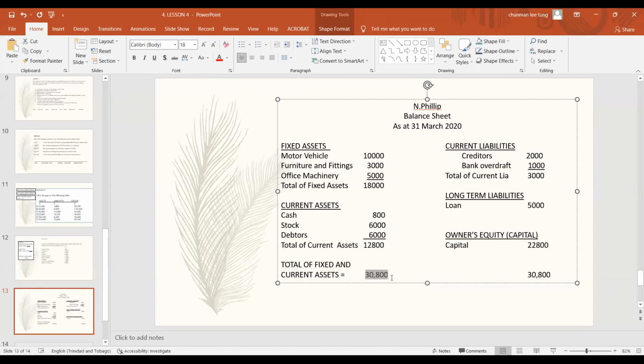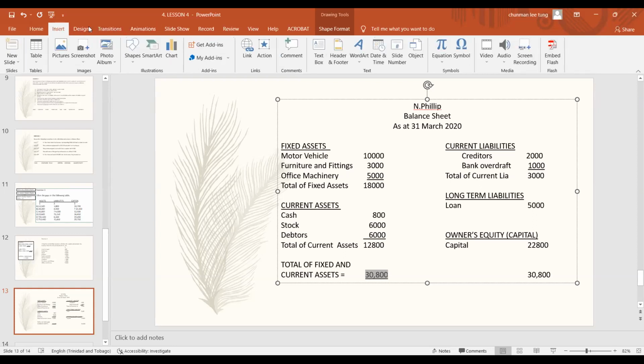So as you can see, that is the balance sheet. Guys, if you can take a picture of this, and you'll take a picture of the question as well. All right, so let me just take a picture first of this balance sheet.